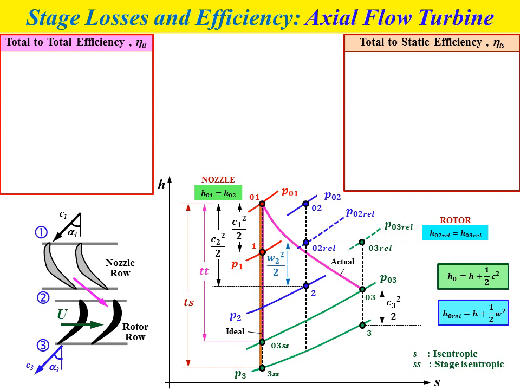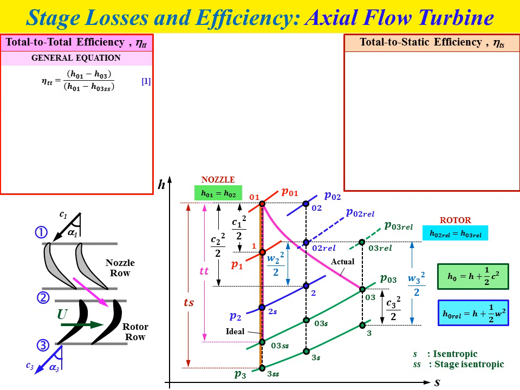Also, we can see clearly in the HS diagram that H02 relative equals H2 plus W2 square divided by 2, and the value for H03 relative equals H3 plus W3 square divided by 2. The HS diagram also shows other important points that we need to consider, such as point 2s, point 03s, and also point 3s.